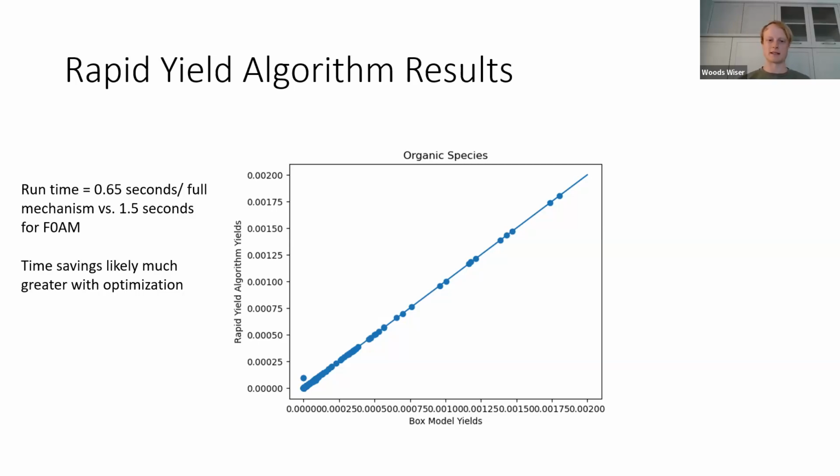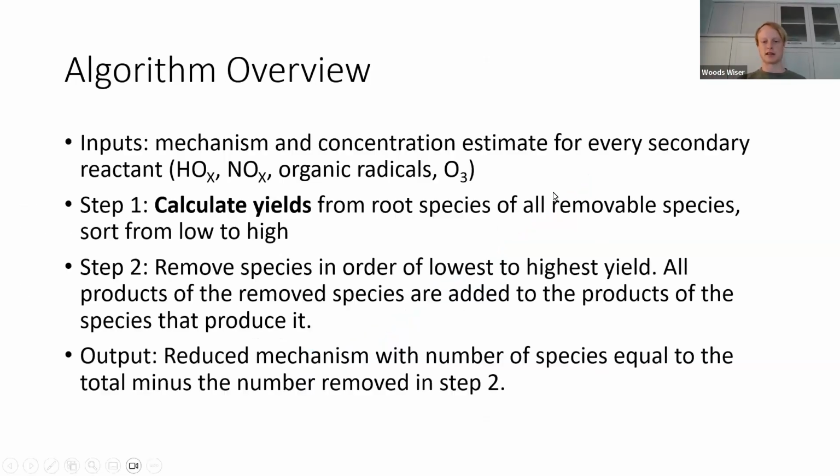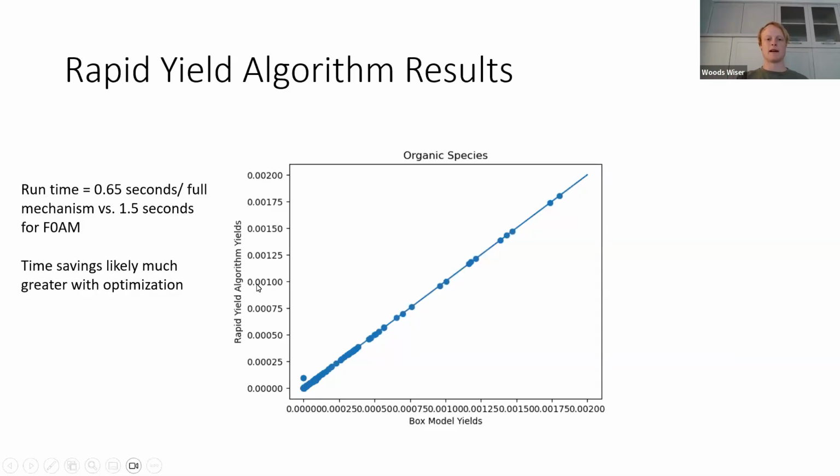I haven't optimized the algorithm yet, and I think even since I got this measurement, it's gotten faster. It's about 3 times faster than my box model right now. It's probably actually more like 10 times faster. I could not give you a really reliable number on how much faster it is to calculate the yields versus measuring them in a box model, but I know that it is definitely faster.